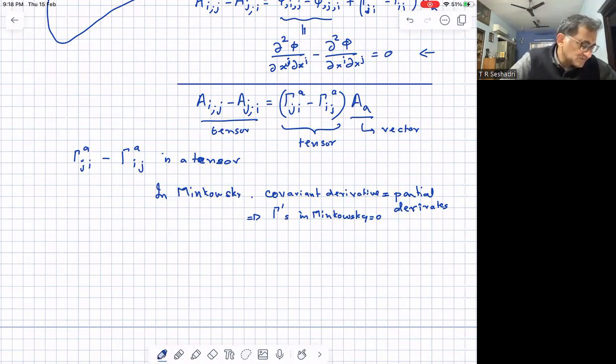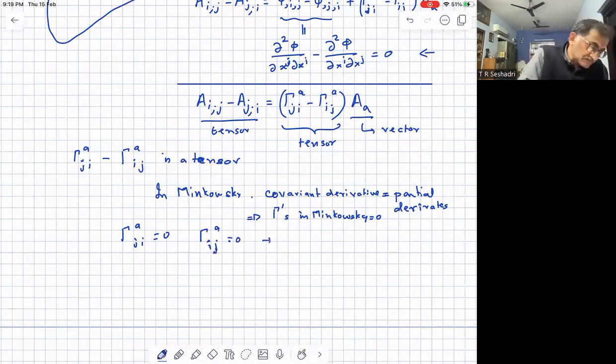Which means gamma A_{ji} equals 0 and gamma A_{ij} equals 0 in Minkowski.